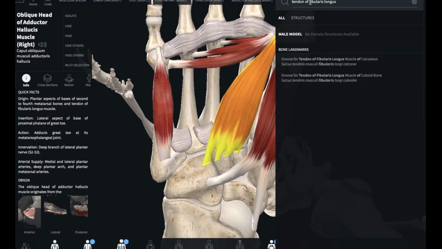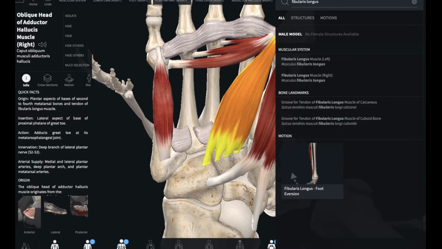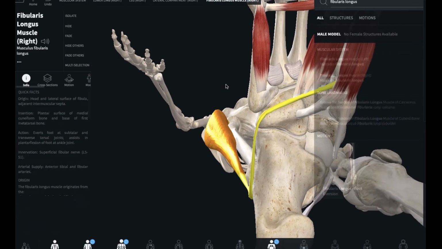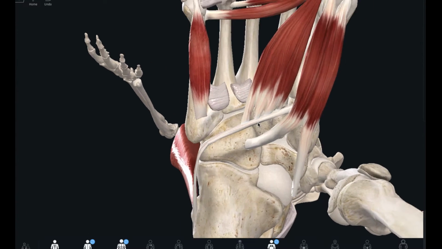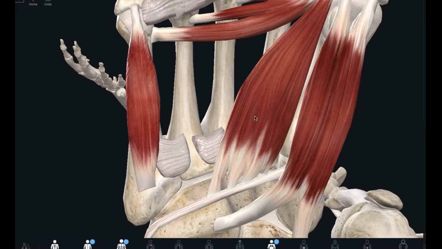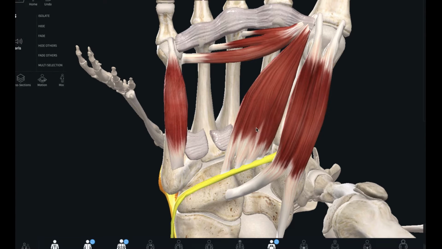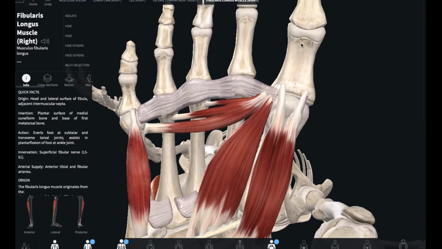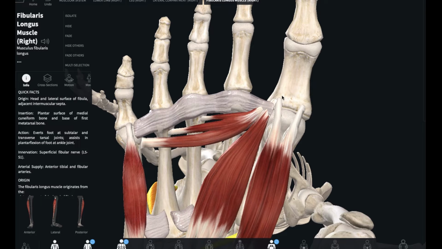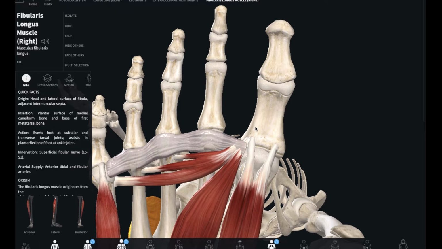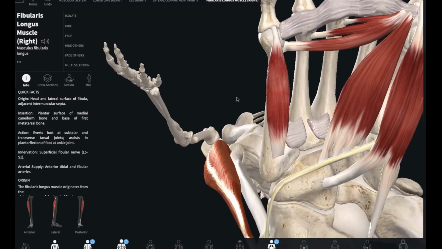There it is. That makes sense. And it inserts to the lateral aspect of the base of the proximal phalanx of the first toe.